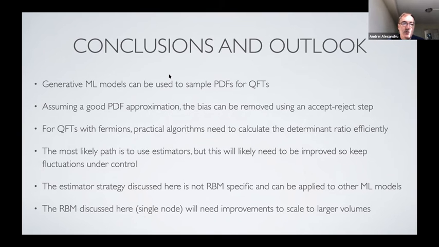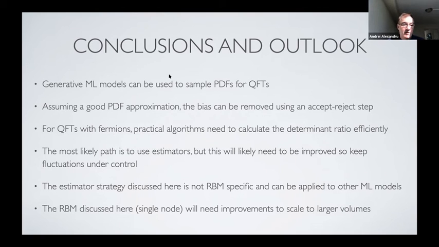However, for quantum field theories where you have fermions, practical algorithms will require figuring out a way to compute the determinant ratio efficiently. And most likely, you can use estimators to do this, but you have to figure out ways to keep the fluctuations under control. There are other possibilities, but that's the one that we explored.